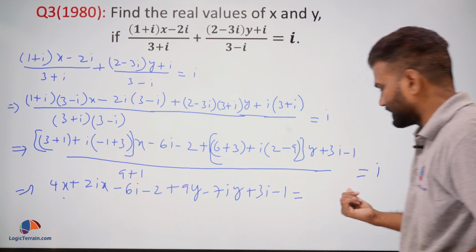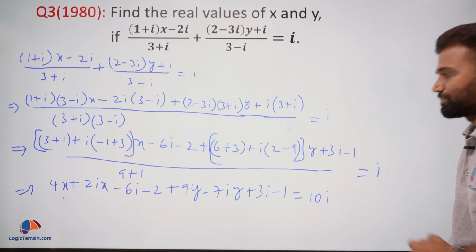Here it is dividing, if it comes here it multiplies, so 10i.